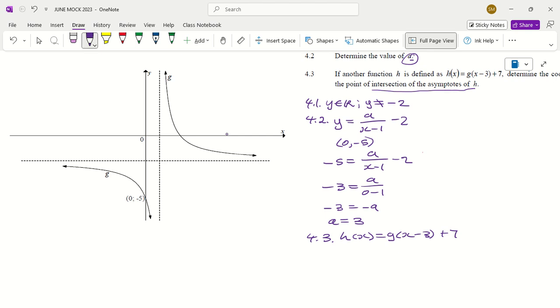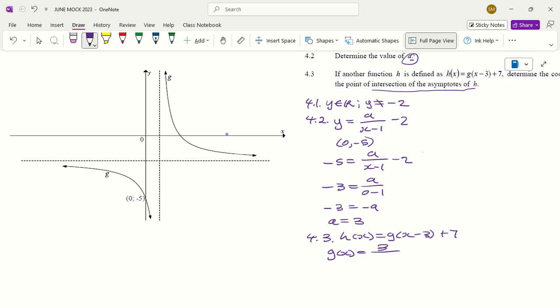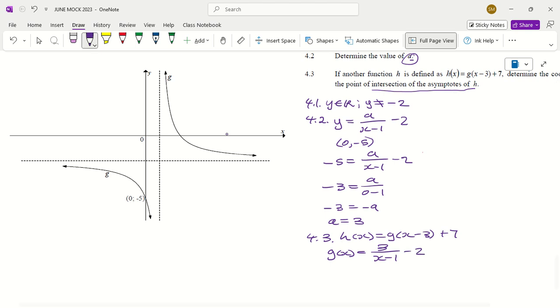Now very simple here, we can see that g of x is equal to, our a is 3, so it's 3 over x minus 1 minus 2. Then what we need to do, where there was x, we are going to put x minus 3. So this is indicating that where there was x, we need to put x minus 3.